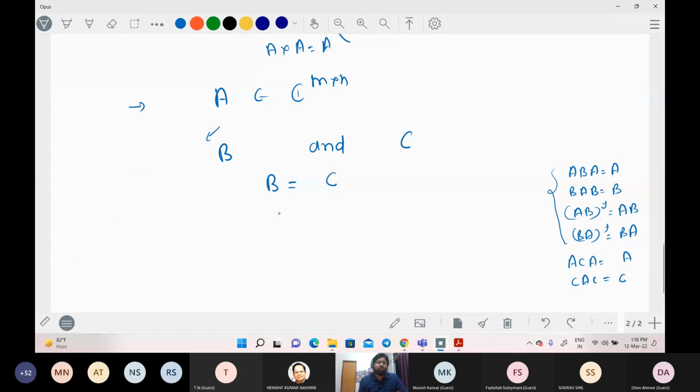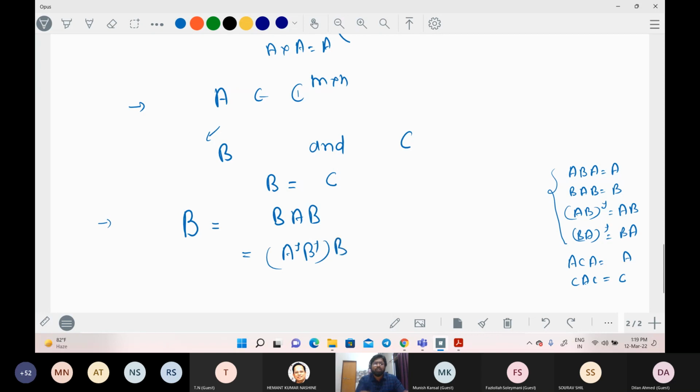It's not that difficult to prove this. What we can do is start with the matrix B. In place of B we can write BAB. How can I write B equal to BAB? Because B is the Moore-Penrose inverse of A, it satisfies Penrose equation 2, which is BAB equal to B. Further, in place of BA we can write A star B star.